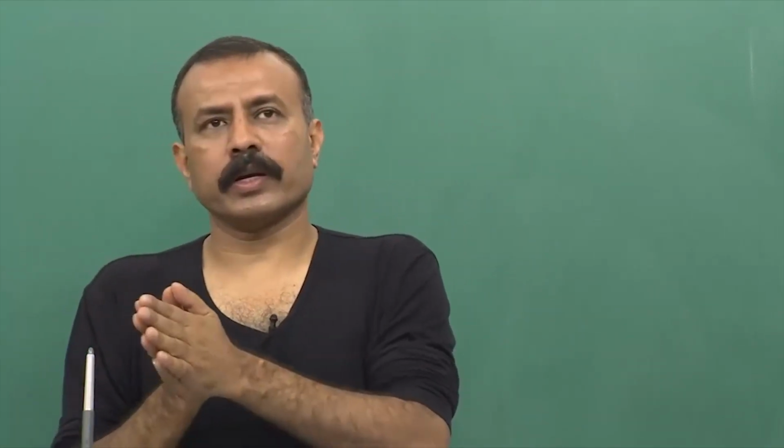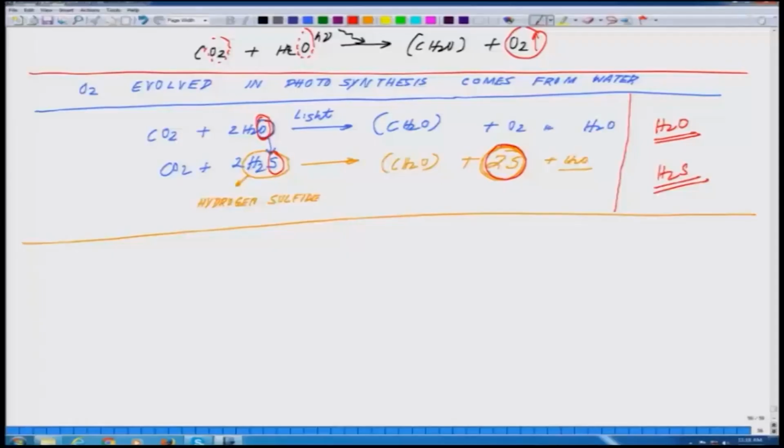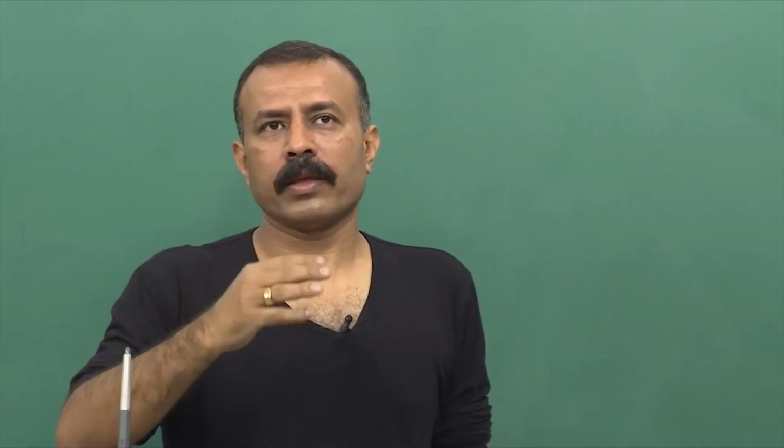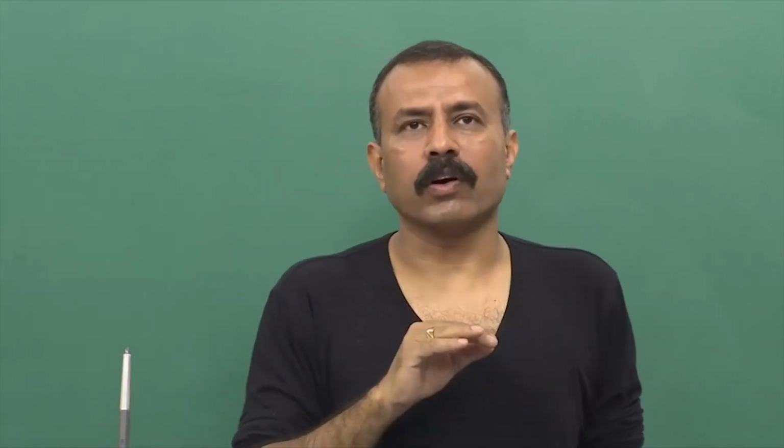So, essentially, what we are saying is that possibly very early in the environment, these were the kinds of reactions happening. Earth was rich in hydrogen sulfide, rich in all sorts of nasty gases, and that is where life probably evolved.